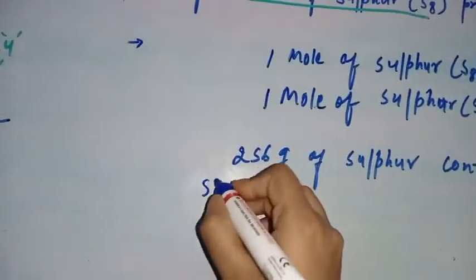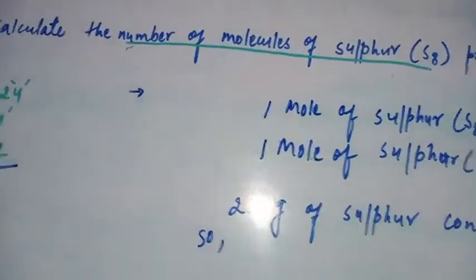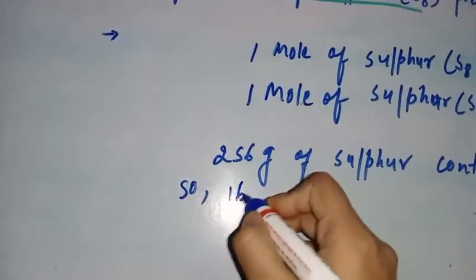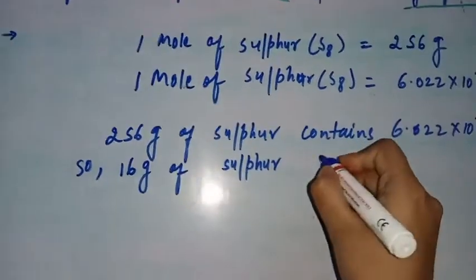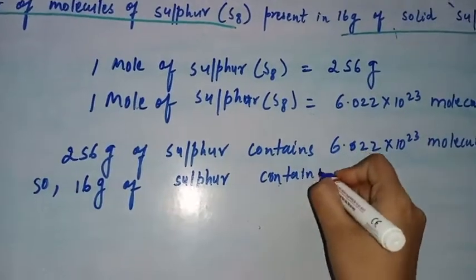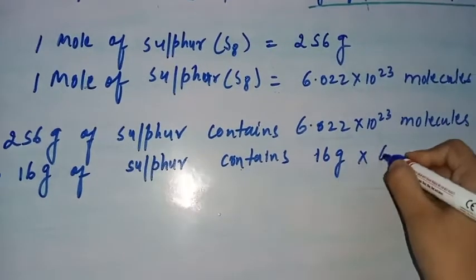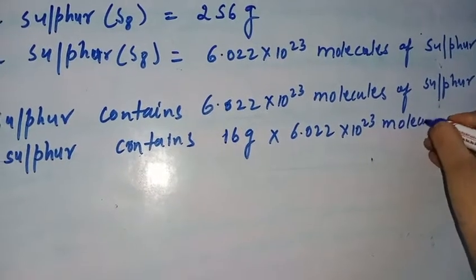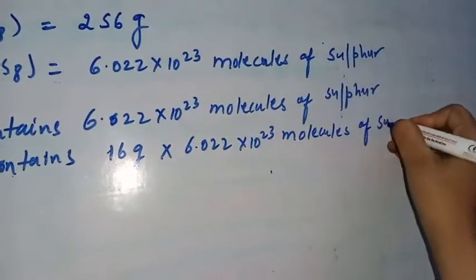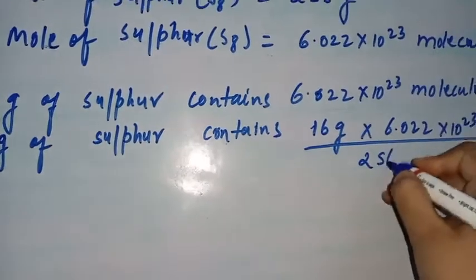Okay, so what is being asked? 16 gram of solid sulfur contains how many molecules? We will just write 16 gram of sulfur contains, we'll apply the unitary method, 16 gram into 6.022 into 10 to the power 23 molecules of sulfur divided by 256 gram.